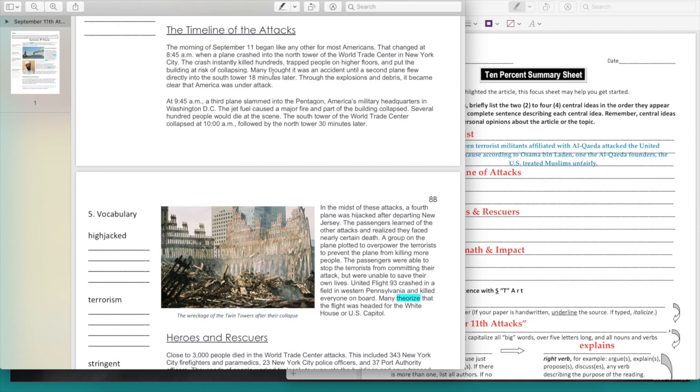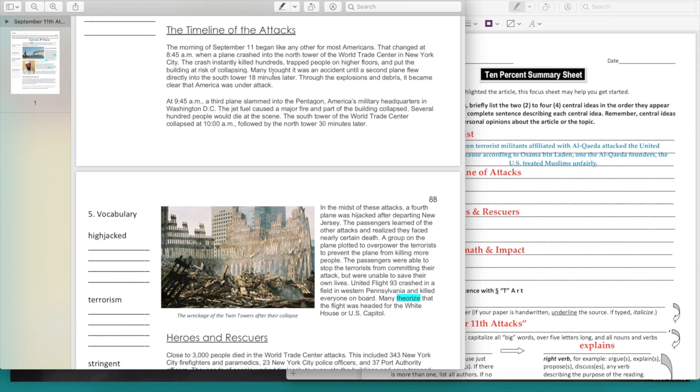The second was the Pentagon in Washington, D.C. And the third, we're not really sure, but it is thought that it was going for the White House or the U.S. Capitol. But it ended up in Western Pennsylvania.